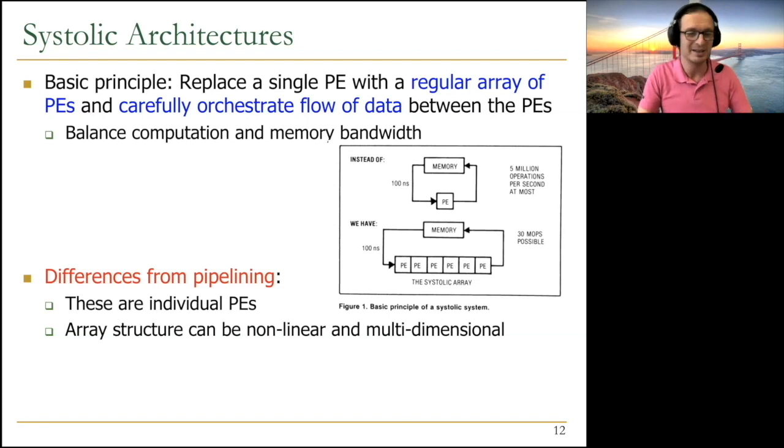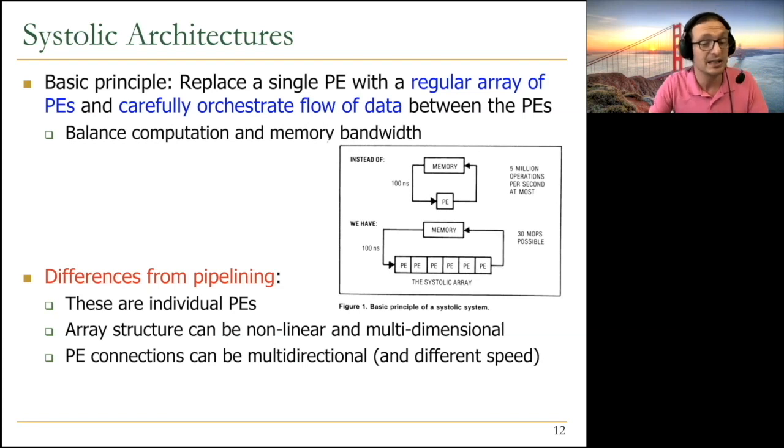I mean, we of course made the pipelines more complicated, but it was also always a linear flow. And processing element connections can be multidirectional and different speeds, because it basically all stems from the fact that these are individual processing elements and they can communicate with each other, as opposed to a pipeline that's designed carefully to really break the instruction processing into multiple cycles.